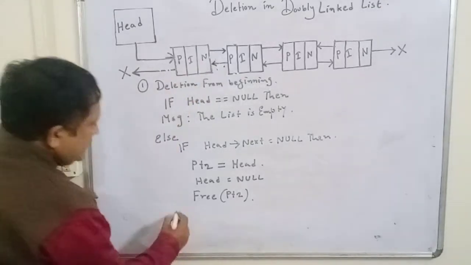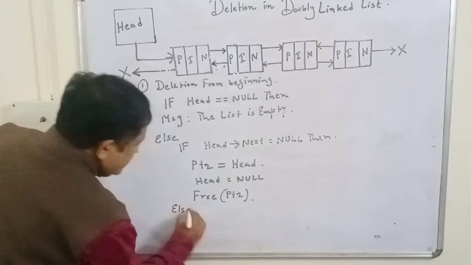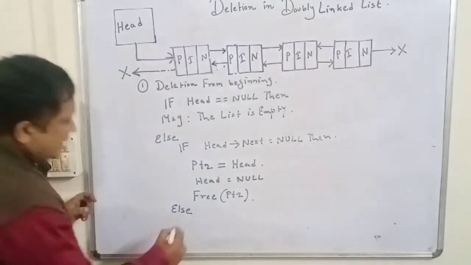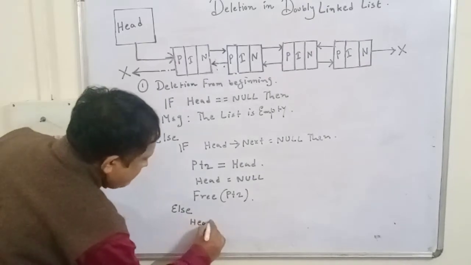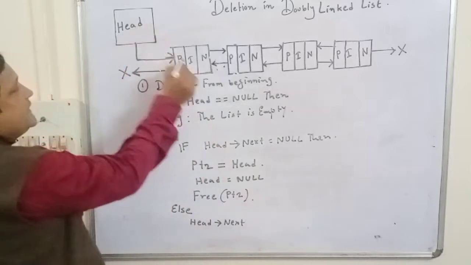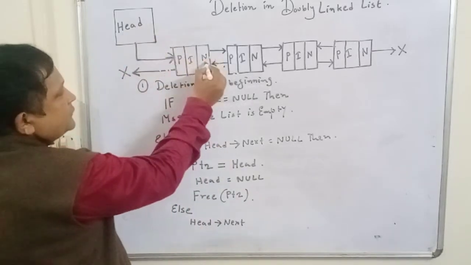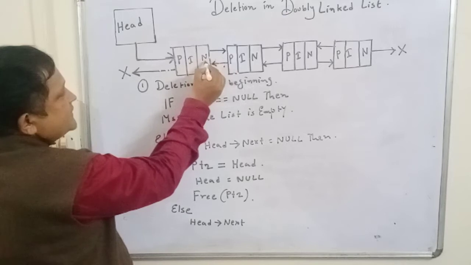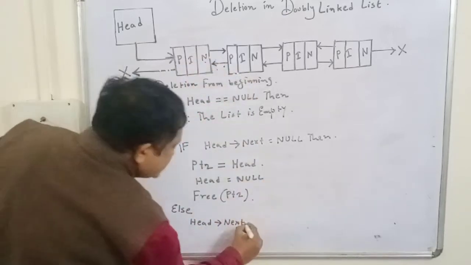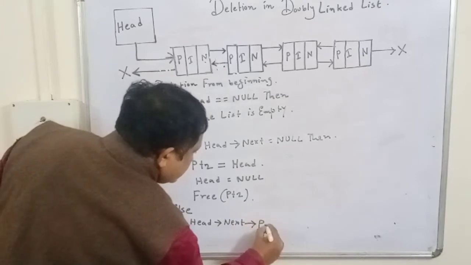So else, what we have? Head next. What is head next? Head is pointing to this node and next part of that node. What is pointed by head is this. So next is containing the address of this particular node. And previous of that, again head next arrow previous.